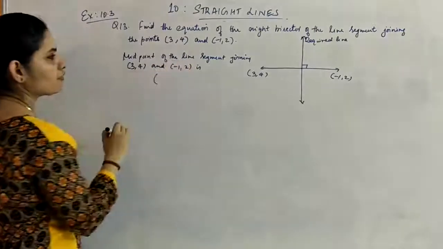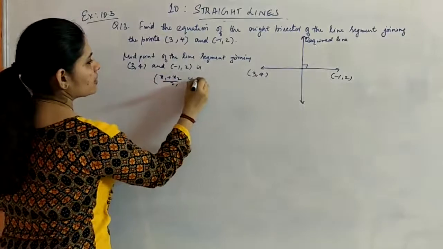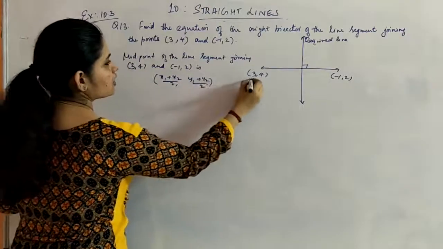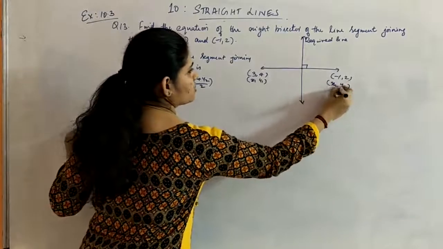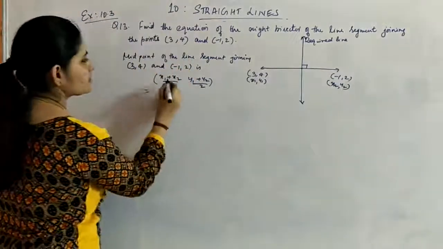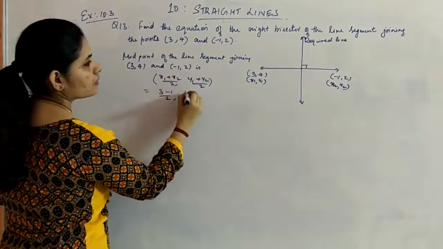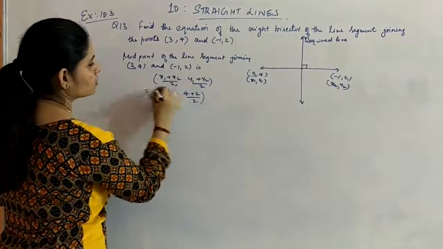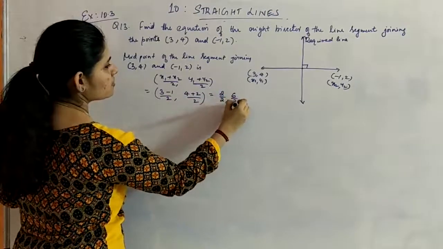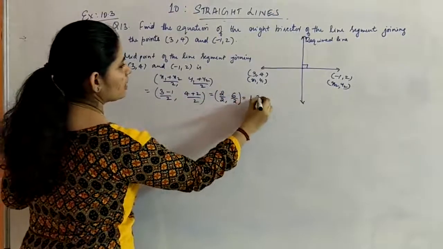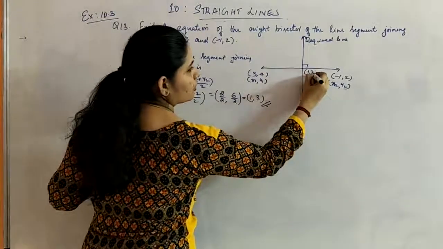The midpoint is ((x1 + x2)/2, (y1 + y2)/2). So we get (3 - 1)/2, (4 + 2)/2, which is 2/2, 6/2, that is (1, 3). So (1, 3) is the midpoint.